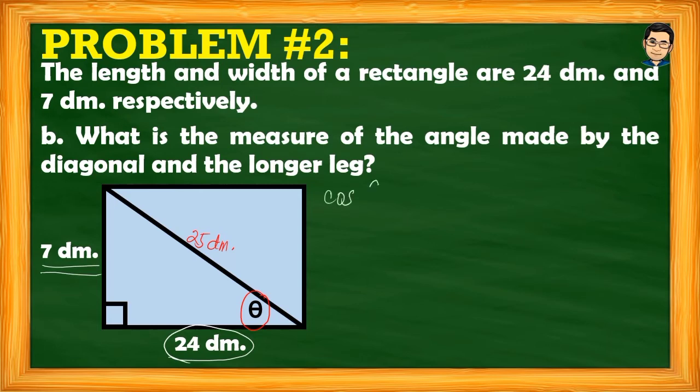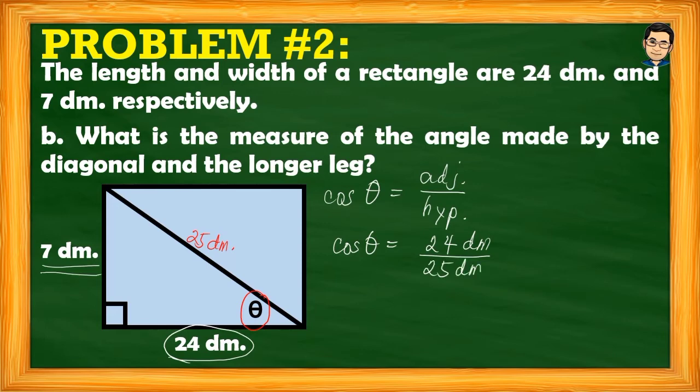So, cosine theta, that is adjacent over hypotenuse. So, adjacent measures 24 decimeters and then hypotenuse measures 25 decimeters.